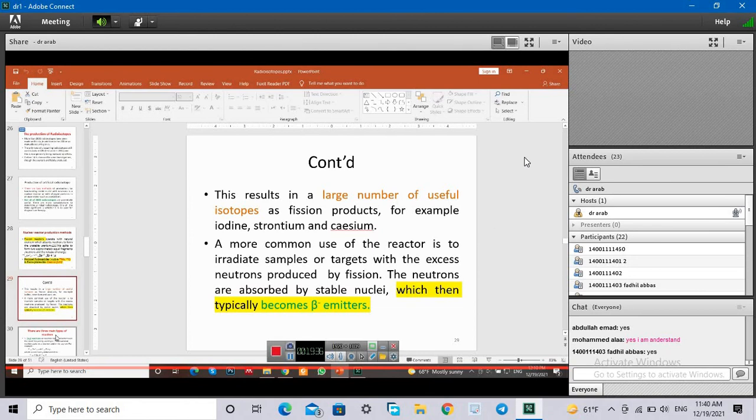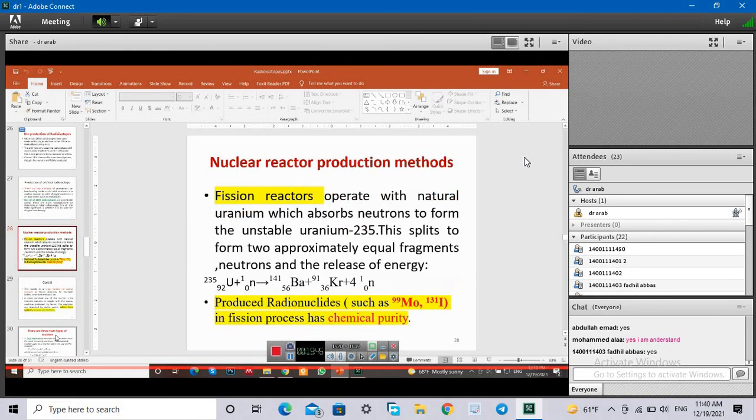Again, I mention some important points regarding the fission reaction. As you learned, in the fission reaction we can produce a radioactive daughter, because the atomic number of the daughter is different from the number of the mother nucleus, and we easily separate them from the mother with a chemical process.